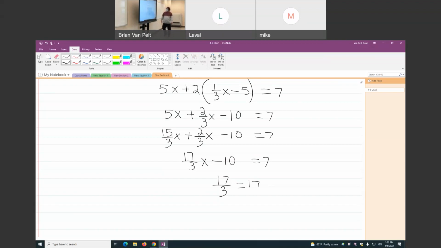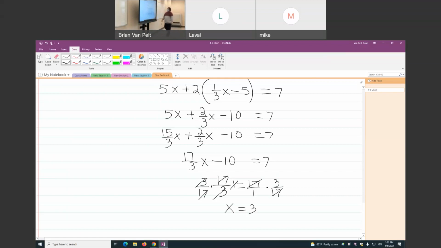What I would do at this stage is this: I would multiply this side by 3/17 and do the same on the other side. You can see the 17s are going to wipe out. There it goes. x equals 3.